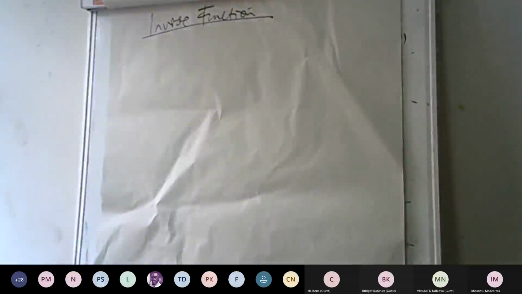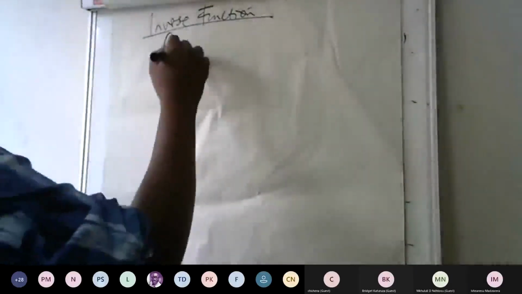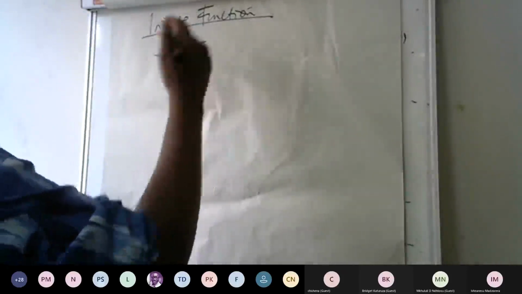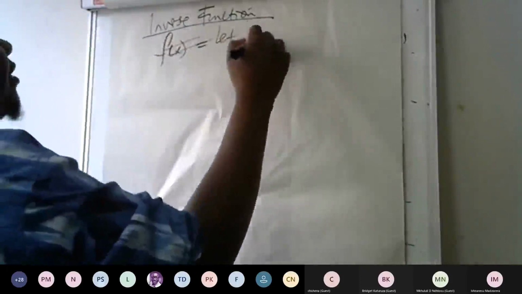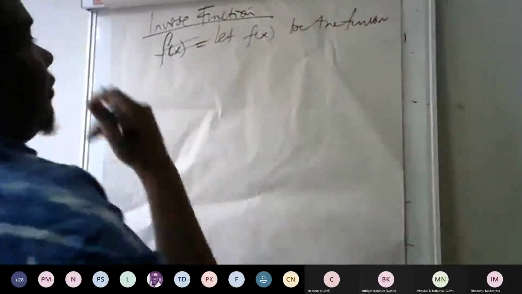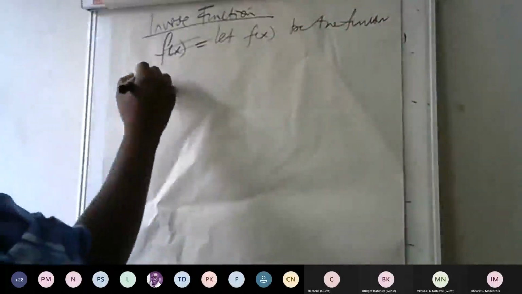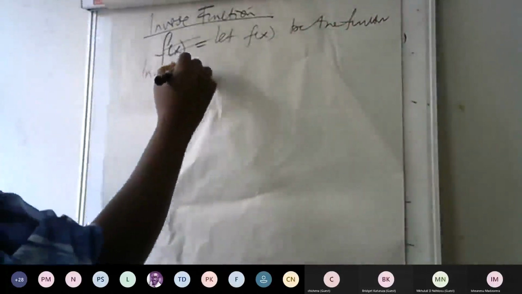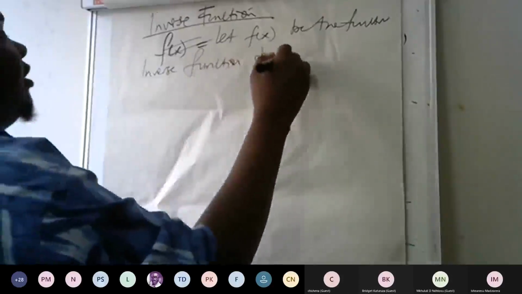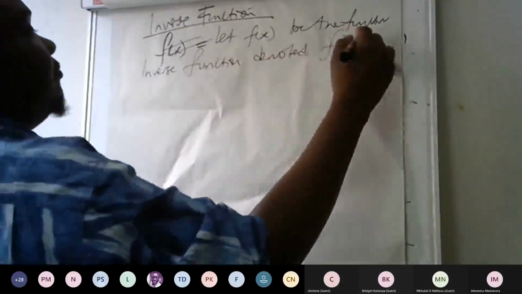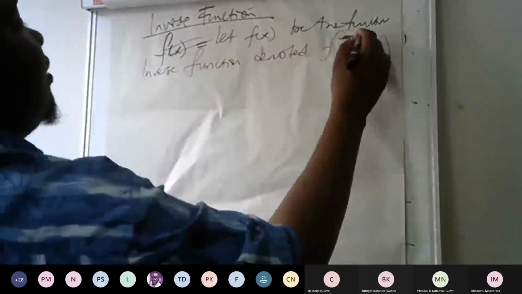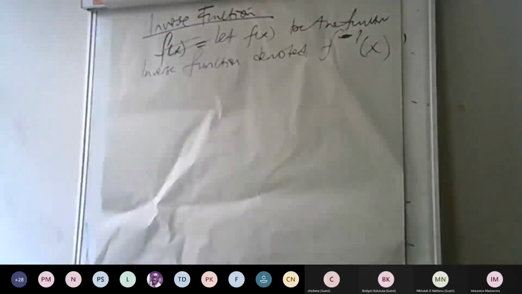If f of x is equal to, later we're going to let f of x be the function. Then the inverse function is denoted by f to the power minus 1 of x, like that.